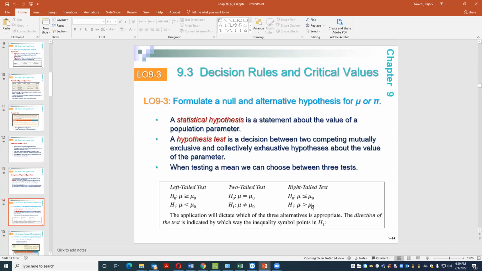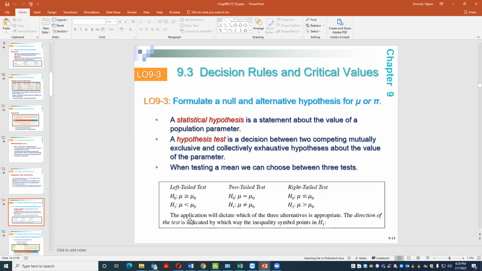Decision rules and critical values: left tail, two tail, right tail test. So this is equal or not equal. These are the three ways you can frame the hypothesis. In the homework part and in the fill in the blanks, you have seen it is more than or less than, the mean value is exceeding or the mean value is lower.